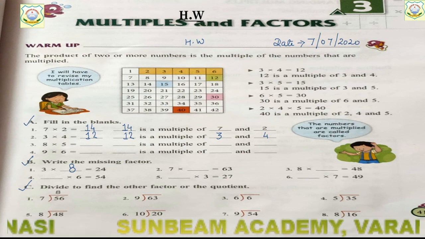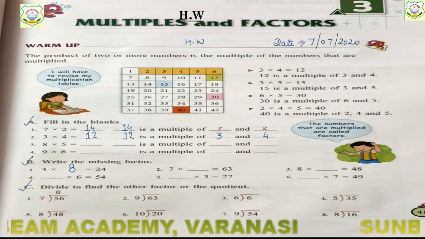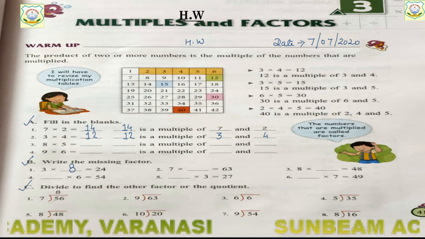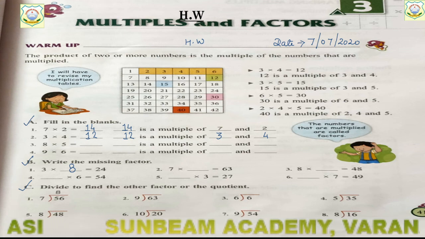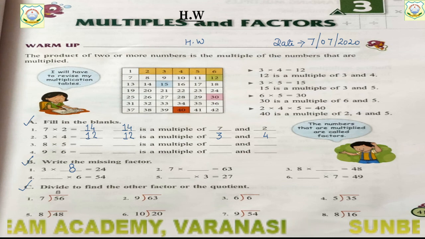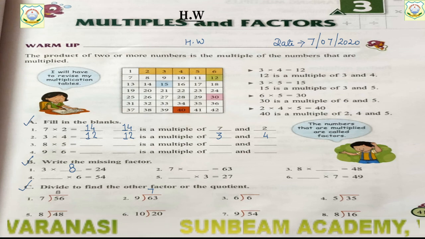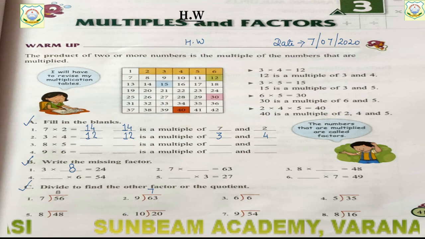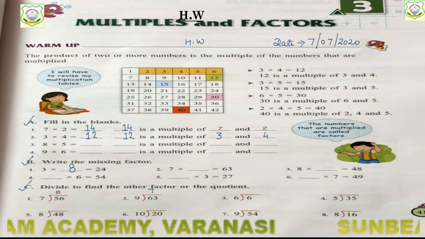So now in the second, what we have to do? You have to write only the next number, from which number it is getting divided. So here it is 9 and here it is 63. So 9 7s are 63. It is dividing. So you have to write only the quotient. Got it? You have to write only the quotient.